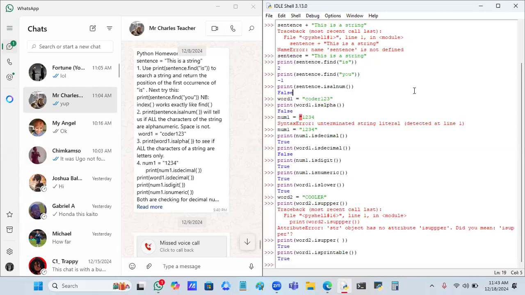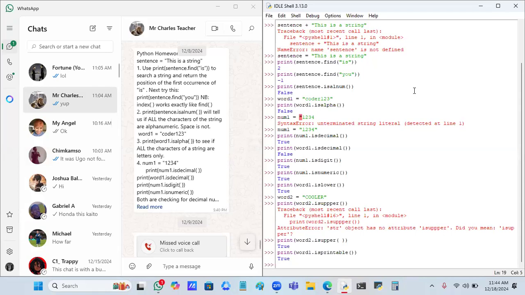Move on to isdecimal. Just look at the way isdecimal works. Isdecimal is also a true or false thing. It returns true if all the characters in the string are decimals.